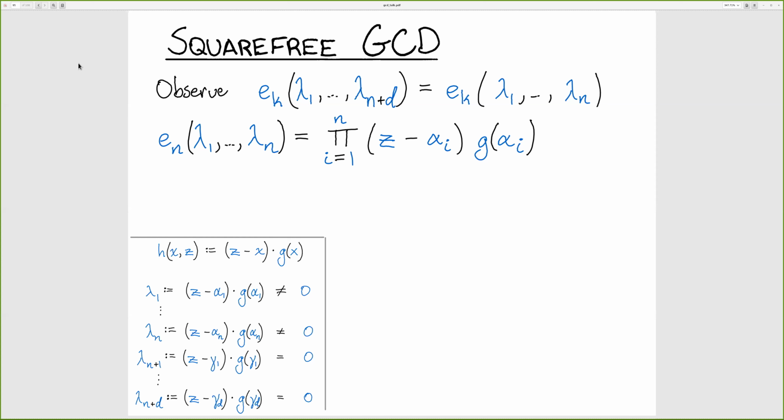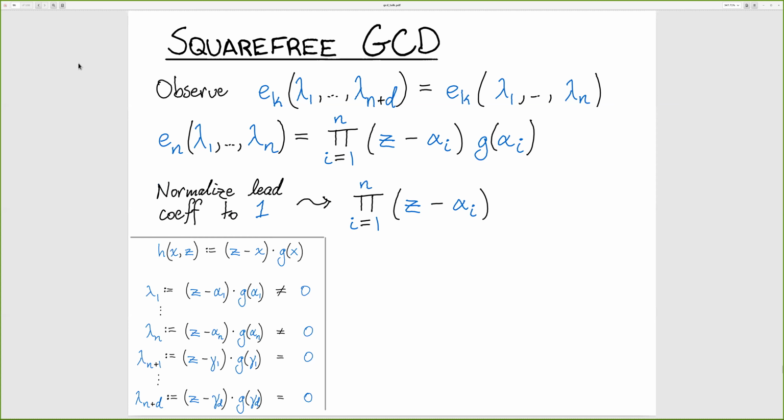It's just the product of z minus alpha i times g of alpha i. These are some scalars. So normalize this polynomial to have leading coefficient 1. This is f divided by the GCD. So you can compute this in constant depth, and then use the algorithm I showed you for division to divide f by this, and you get the GCD.